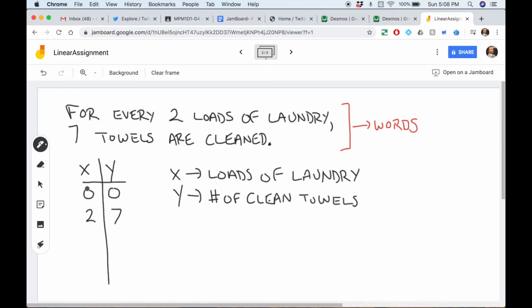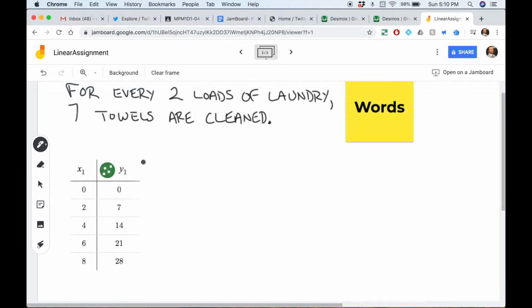So I start with 0 loads of laundry, 0 clean towels. I have now 2 loads of laundry done, 7 clean towels. When I do 4 loads of laundry, I would have 14 clean towels, and so on and so on and so on. Let's clean this up a little bit.